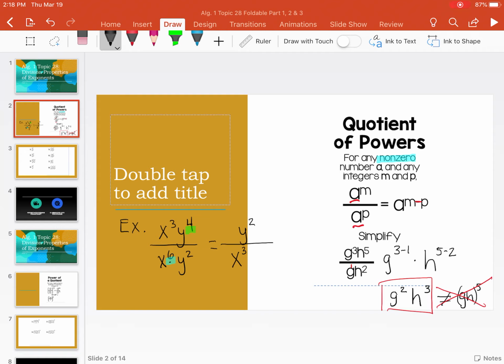So we would get y squared over x to the 3rd. So that's just another side example. We're going to get to that moving forward, but just in case we see any examples, that's how our answer should look. We always want to write our final answer with positive exponents, so that's how we would do it for an example like this.